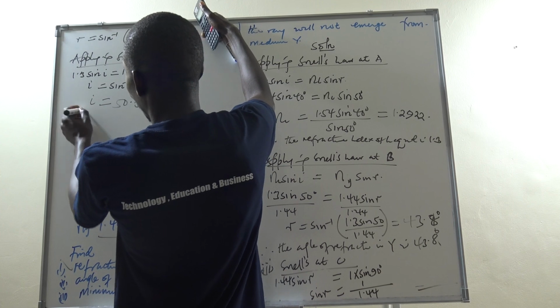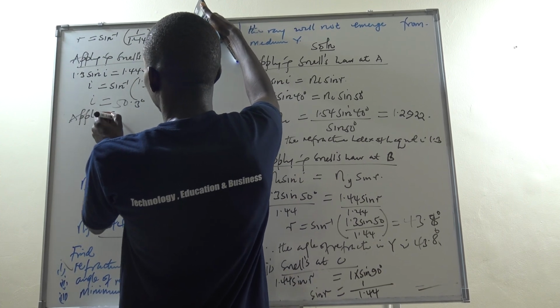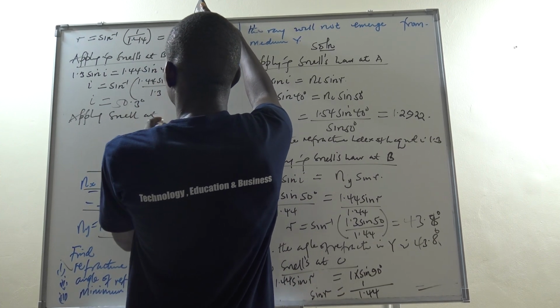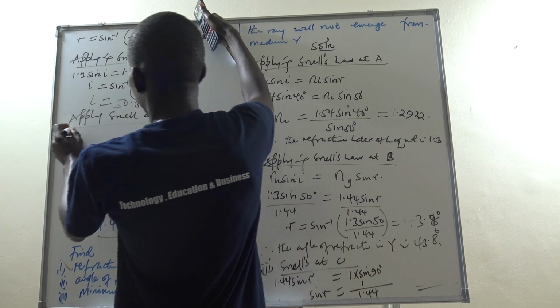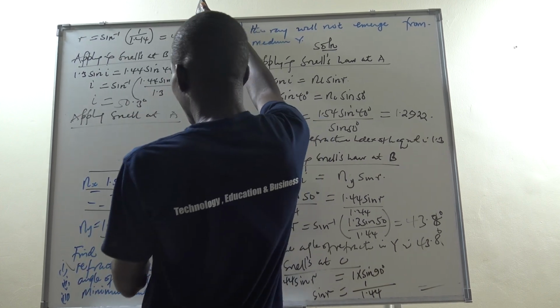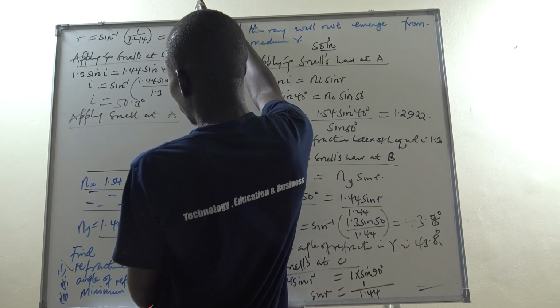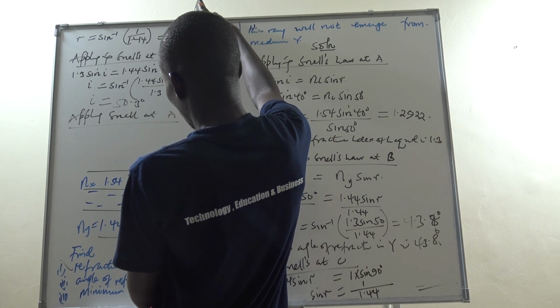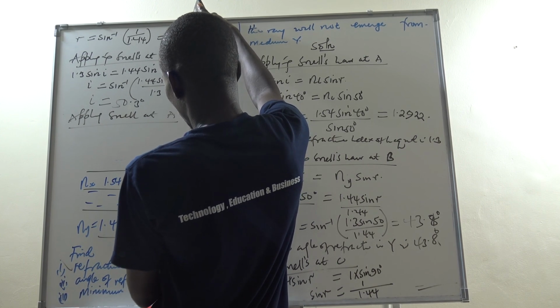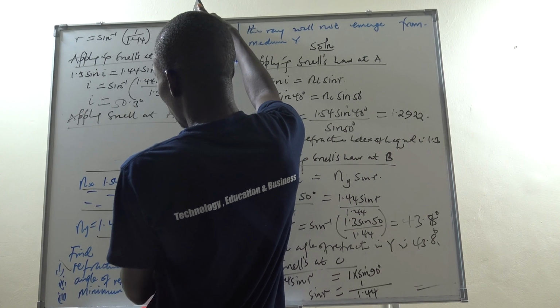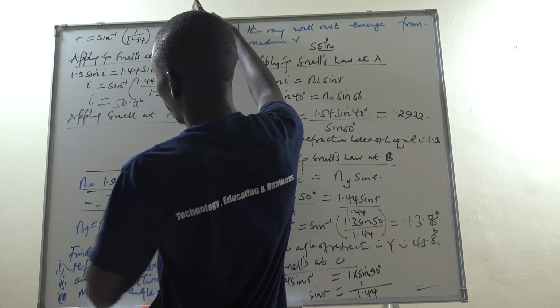And then finally we can apply Snell's law at this point here, A. So we have now gotten that this angle here should be 50.3, isn't it? That means this one is also 50.3 because we are working backward.